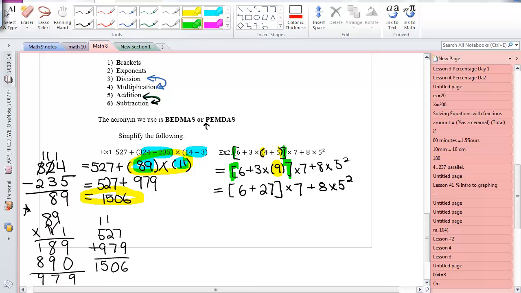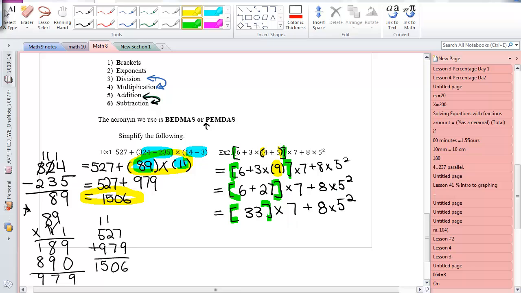Alright, now I'm going to come back in these brackets one more time. I don't have any other brackets, so those are the only ones I'm looking at. And I have 6 plus 27 is 33. Multiplied by 7 plus 8 multiplied by 5 squared. And I'm going to start BEDMAS again. Now, these brackets have nothing in them that I can manipulate. So I'm going to go to the next step.